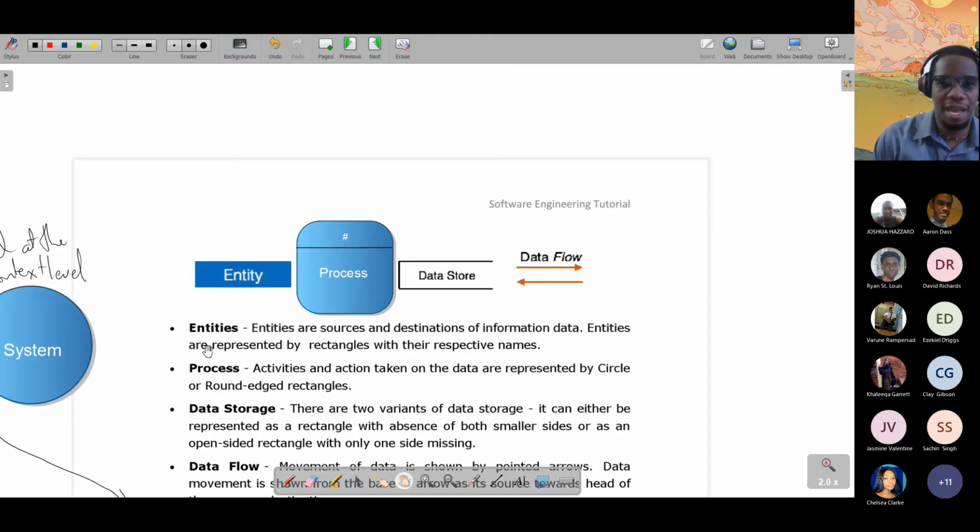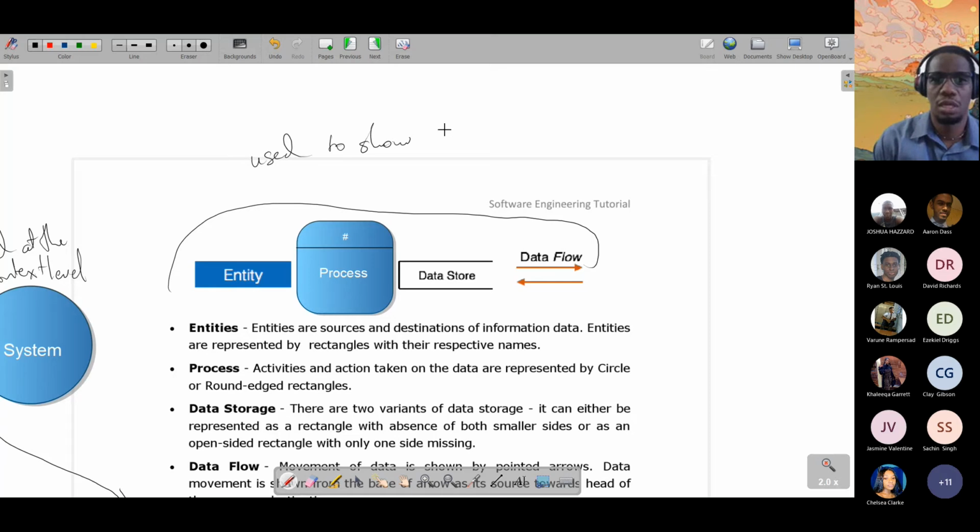For this part, these symbols here are used to show the breakdown of the system. And we don't really go past level 1, right?